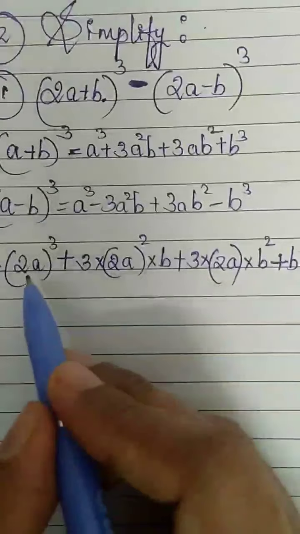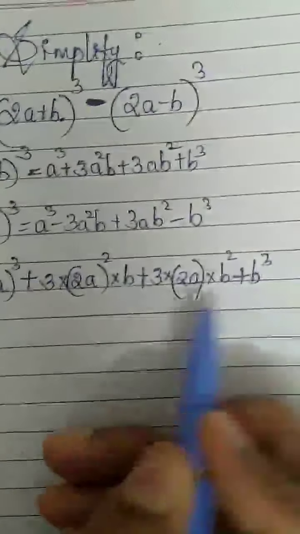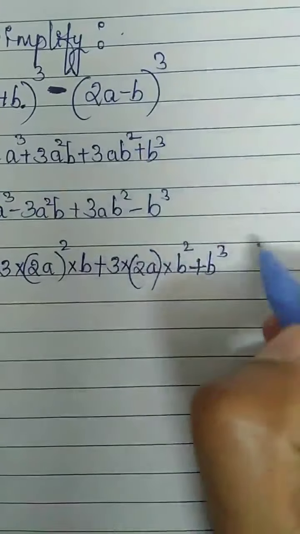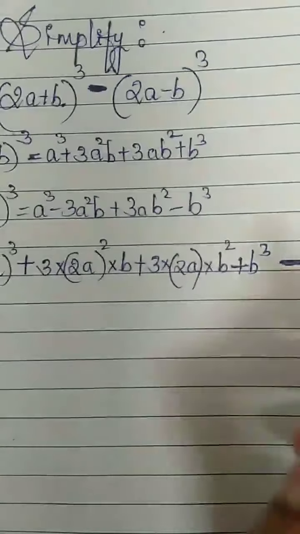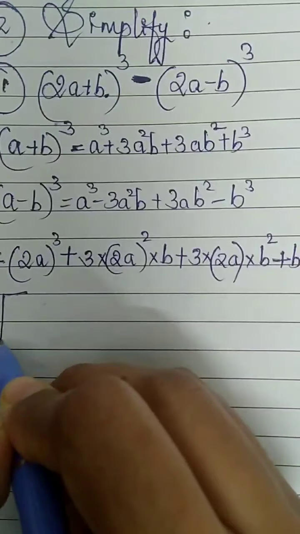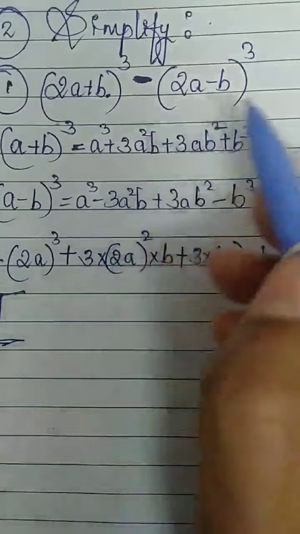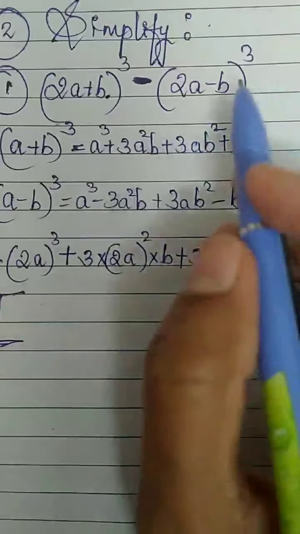That is a cube plus 3a square b plus 3ab square plus b cube. Now what will you put? Minus sign. Be very careful. Minus sign, dangerous sign. Put it a little dark so that you keep it in mind. And start with a square bracket, so that we have to change the sign later after opening the bracket.